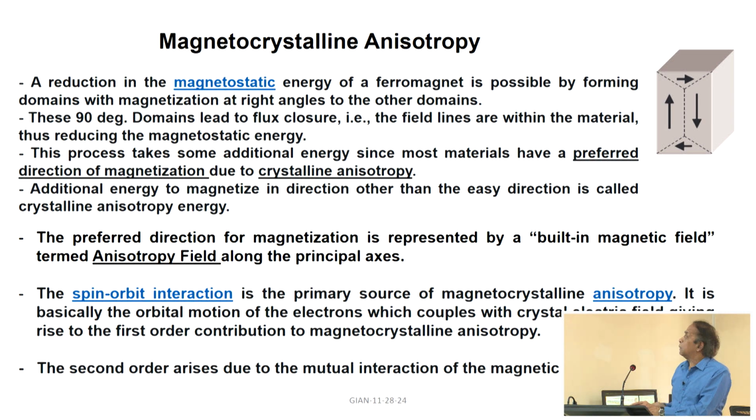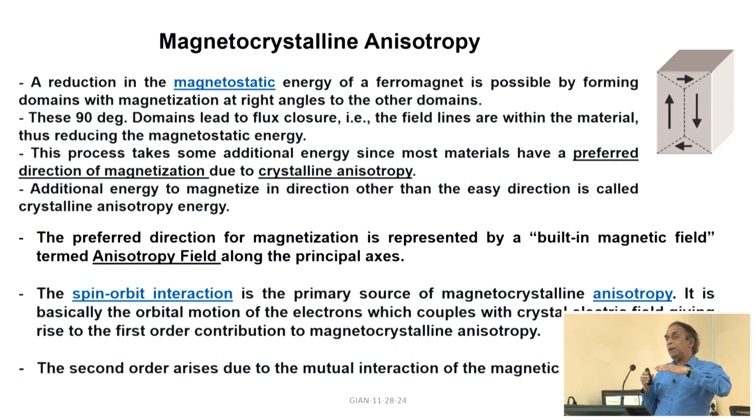So, what is magnetocrystalline anisotropy? Now, we just saw there are domains in a ferromagnet. So, when you apply an external magnetic field, there is rotation of the domains as well as domain wall motion. These two mechanisms will involve some energy.